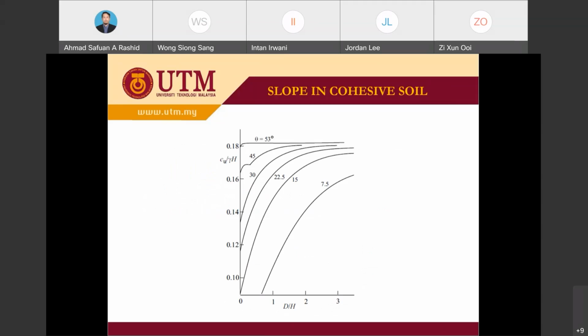So this is what has been developed by Taylor, the stability number. Okay, so this is the stability number developed by Taylor.